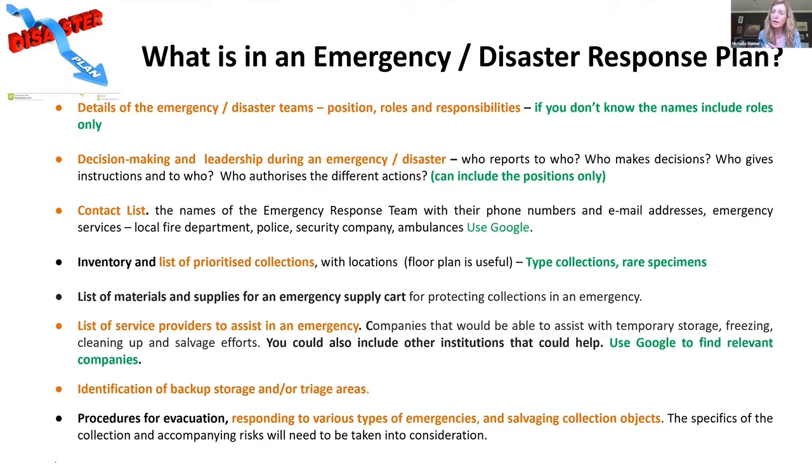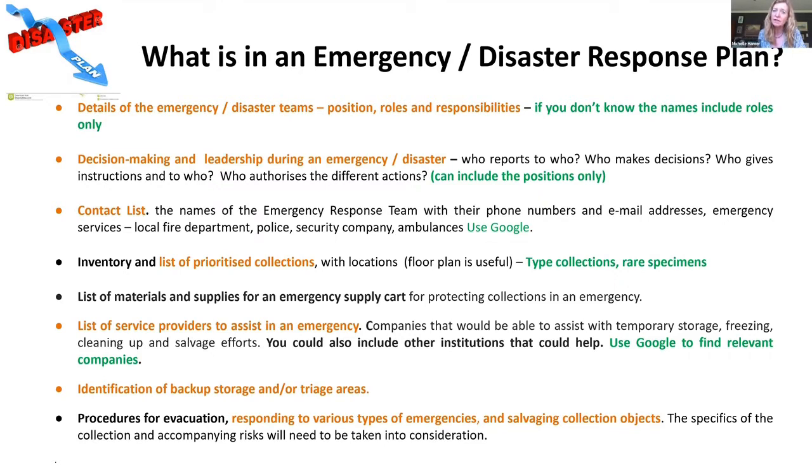A very important one here is who communicates with the media, and who's got the authority to do that. It's very important to know who makes the decisions, who instructs, and who authorizes different actions. You can't have everybody running around making decisions and telling everybody what to do. It will be complete chaos. So that's a very important part of your emergency response or your disaster response.